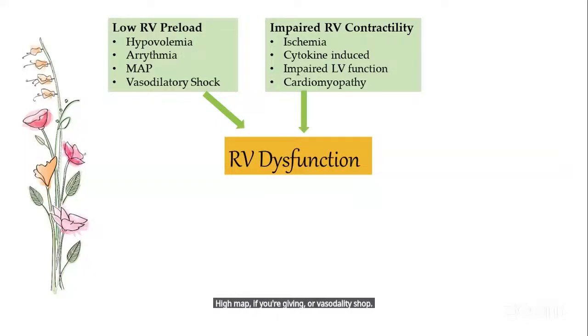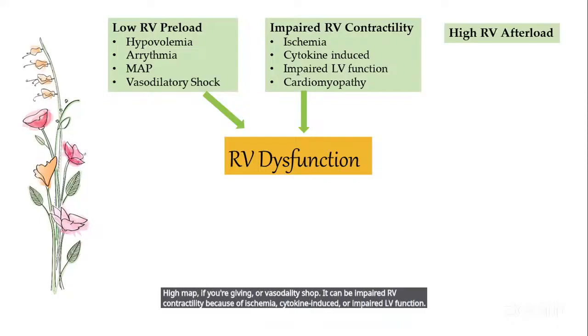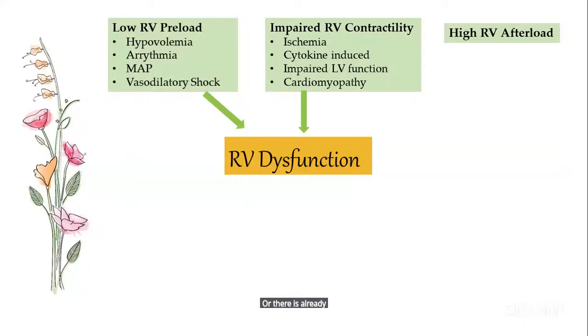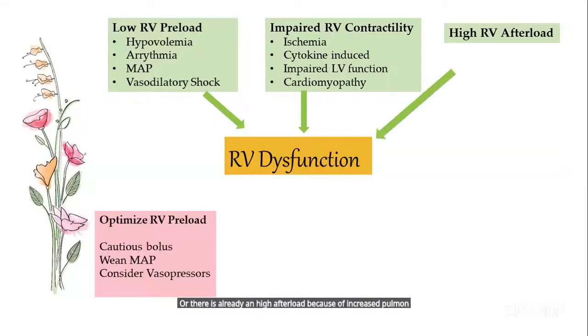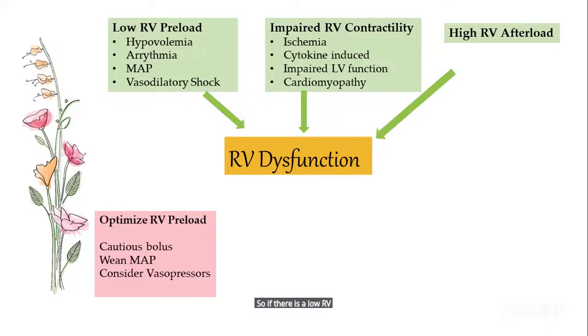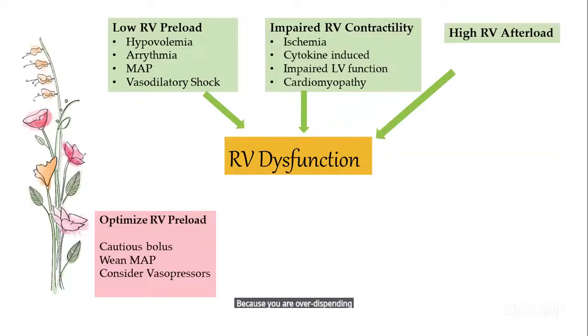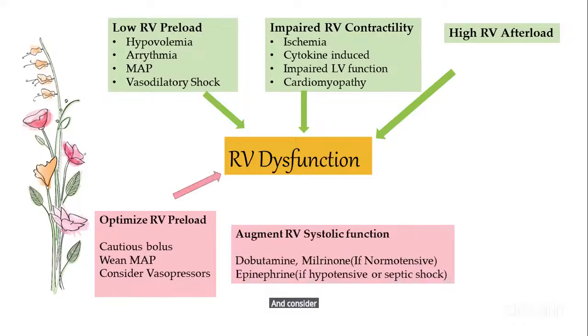It can be impaired RV contractility because of ischemia, cytokine-induced injury, impaired LV function, or cardiomyopathy, or there is already a high afterload because of increased pulmonary vascular resistance. If there is a low RV load, you need to optimize it with a cautious bolus. If you see more than 8 or 9 ribs on X-ray, wean your MAP because you are over-distending the alveoli and decreasing the RV preload, and consider vasopressors.